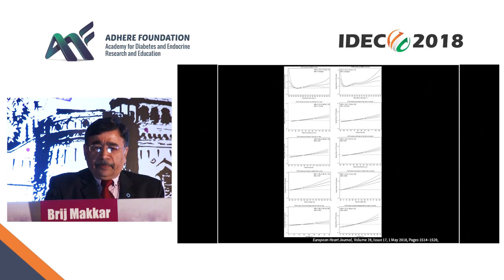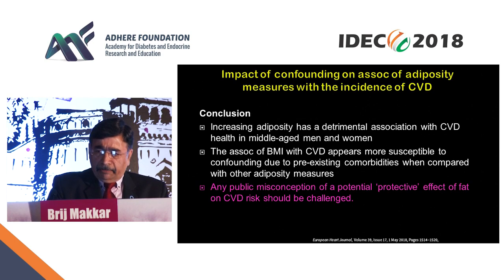As for the other parameters of obesity, which included waist to height ratio, waist circumference, and so on, everything had a linear association, and as the adiposity measures increased, there was an increase in the risk of cardiovascular disease. The study also concluded that any public misconception of a potential protective effect of fat on cardiovascular disease risk should be challenged and should be kept off.